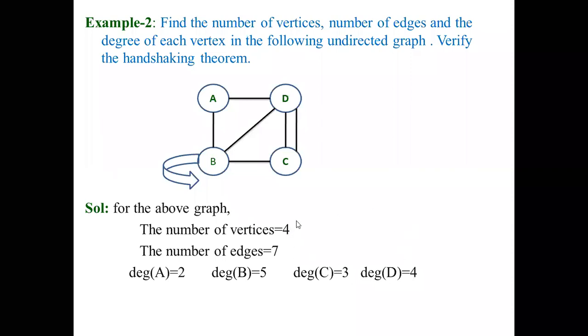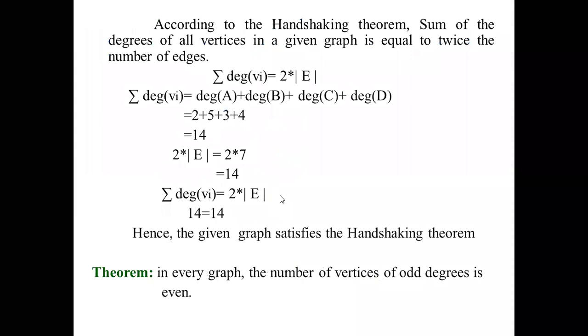Okay. So now we check the handshaking property. According to handshaking theorem, sum of the degrees of all vertices in a given graph is equal to twice the number of edges.